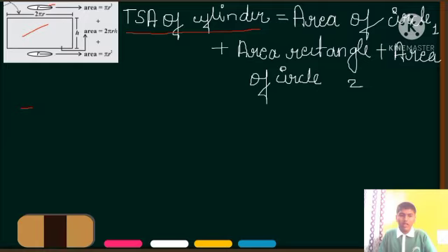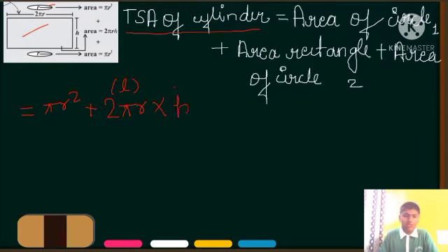The area of this circle will be pi r square; the area of a circle we know. Then the area of the rectangle is 2 pi r h, or we know the formula, length into breadth. So 2 pi r becomes our length and h is our breadth.